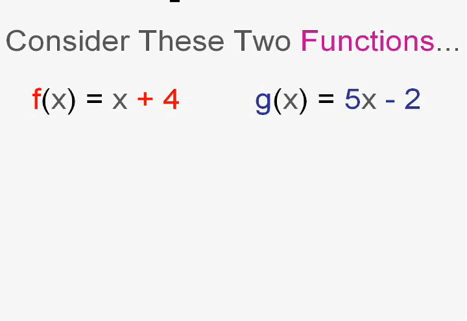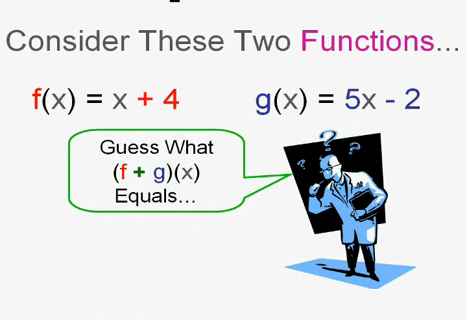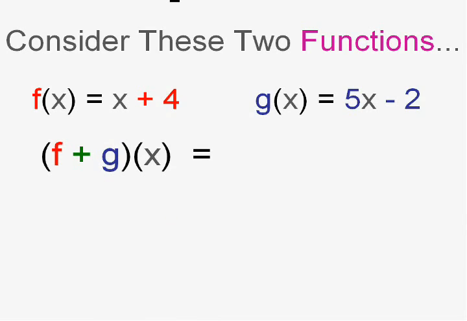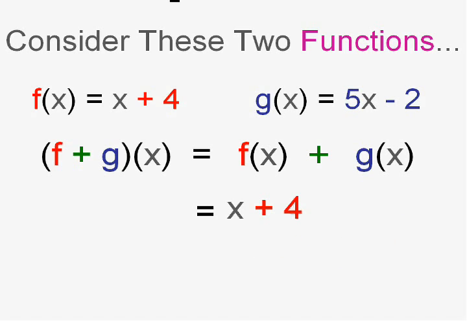Now, if we take these two functions, f of x and g of x, guess what f plus g of x equals? Probably it's going to be just what you think it is. f plus g of x equals f of x plus g of x, which means x plus 4, that's f of x, plus 5x minus 2.